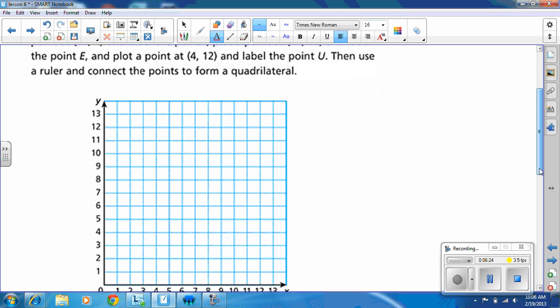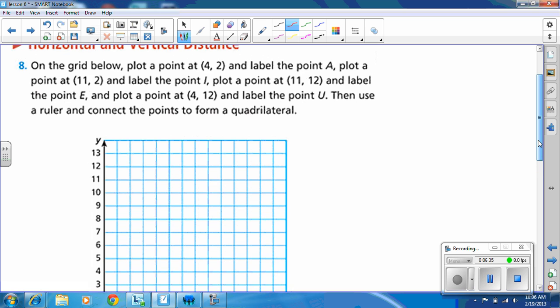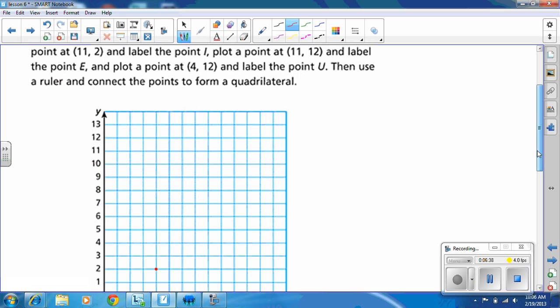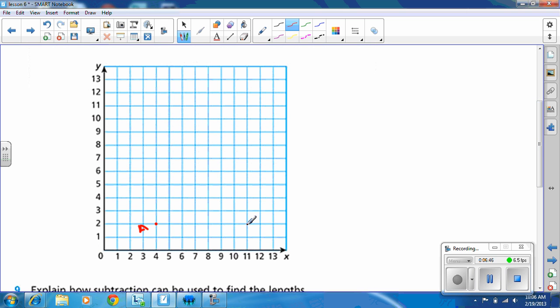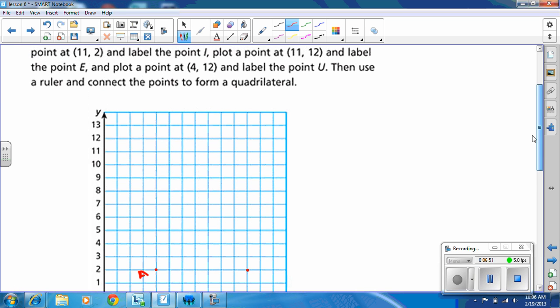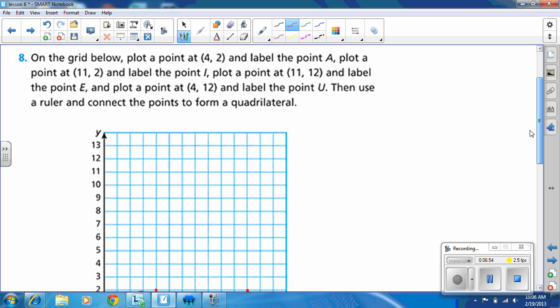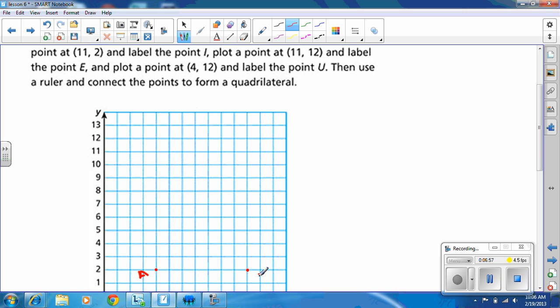All right, welcome back. So plotting our points, I'm going to go through those really fast. 4 and up 2, should have a point right here. We'll label it A. 11, 2 would be right here. Label 11, 2 as I. 11, 12 goes all the way up here.